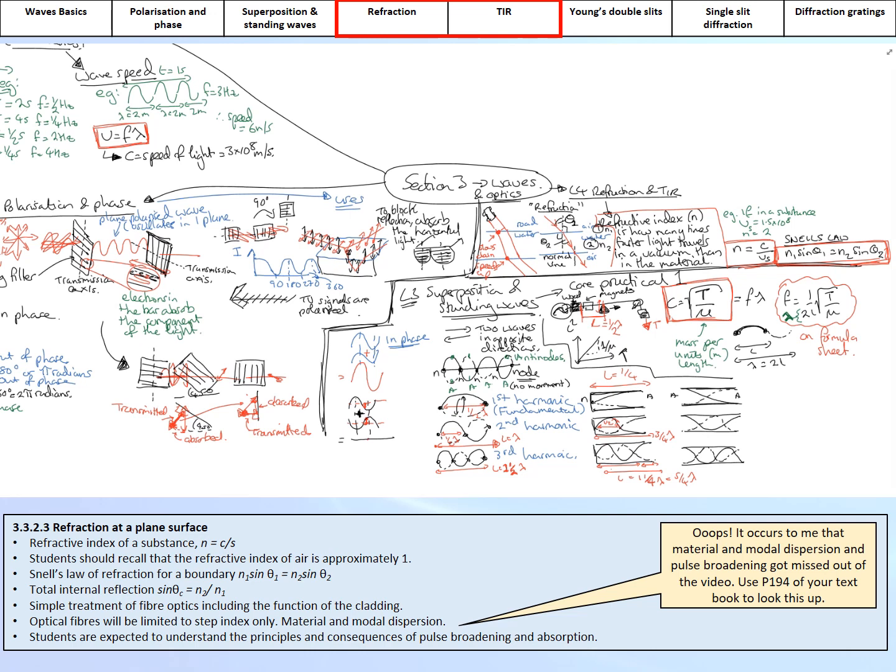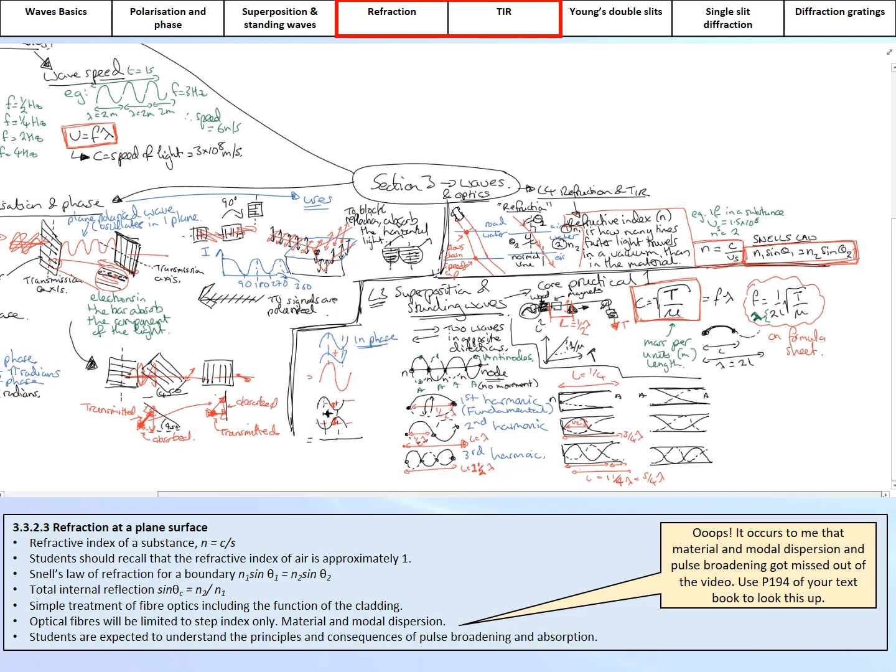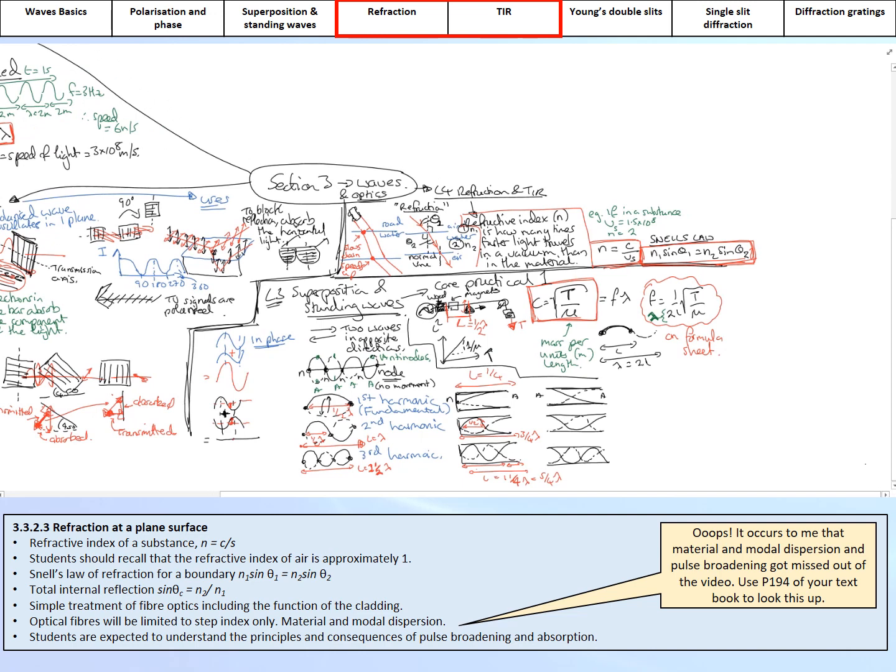Now, it turns out that light doesn't always, if you say go from water to air, it doesn't always come out again. So you did another experiment, and this is now on total internal reflection, which shone light into a semicircular glass block.